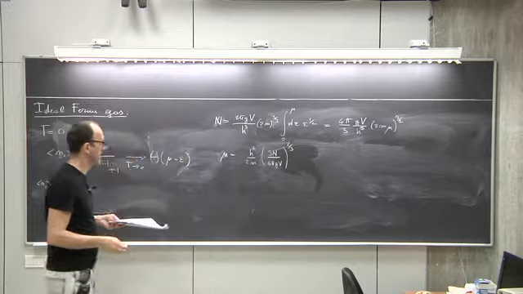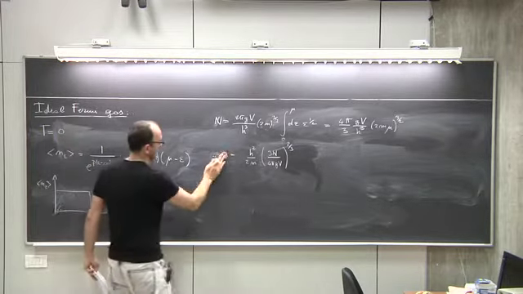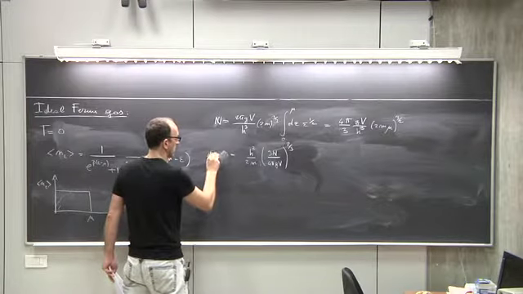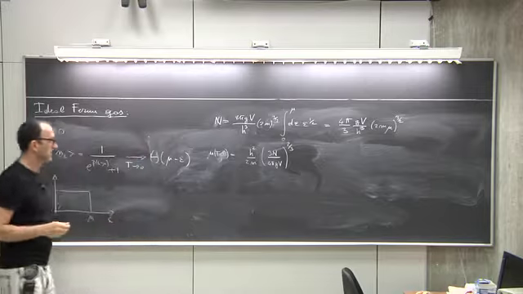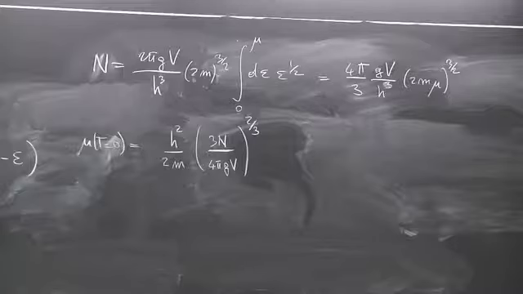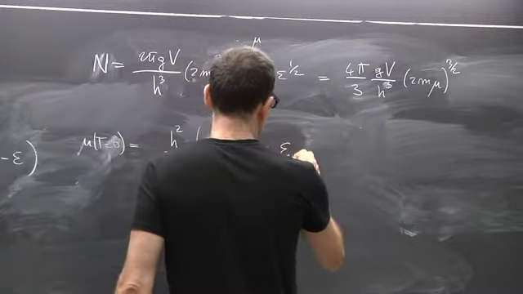Now this is the value of the chemical potential at temperature equal to 0, and this has a particular name. It's usually called the Fermi energy.